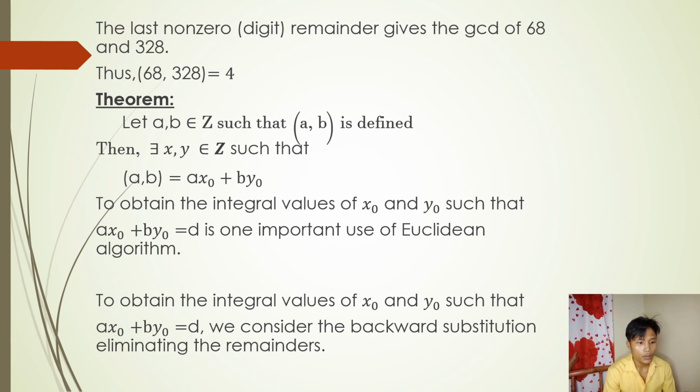To obtain the integral values of x sub 0 and y sub 0 such that a x sub 0 plus b y sub 0 is equal to d is one important use of the Euclidean algorithm. To obtain these values, we consider the backward substitution, eliminating terms.